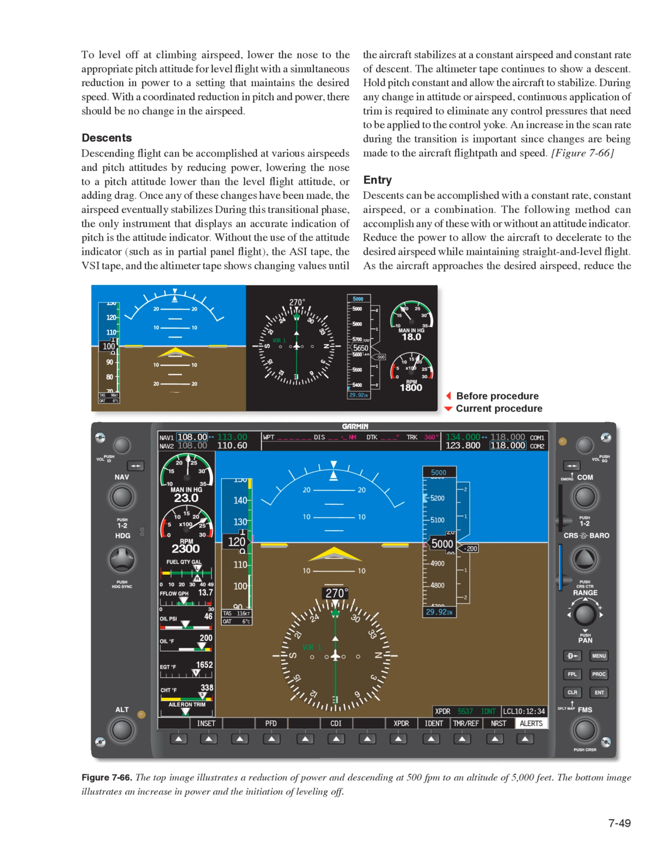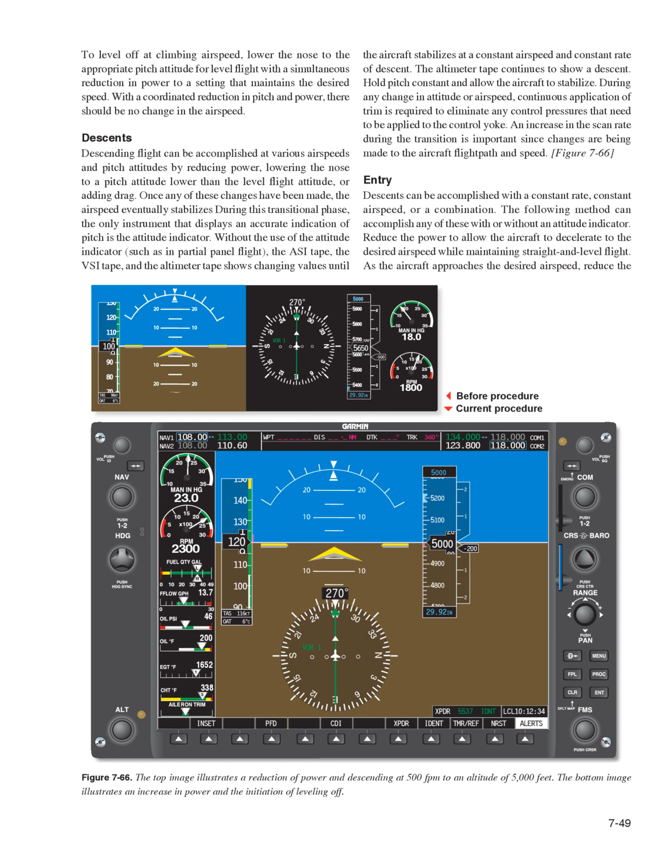Hold pitch constant and allow the aircraft to stabilize. During any change in attitude or airspeed, continuous application of trim is required to eliminate any control pressures that need to be applied to the control yoke. An increase in the scan rate during the transition is important since changes are being made to the aircraft flight path and speed.